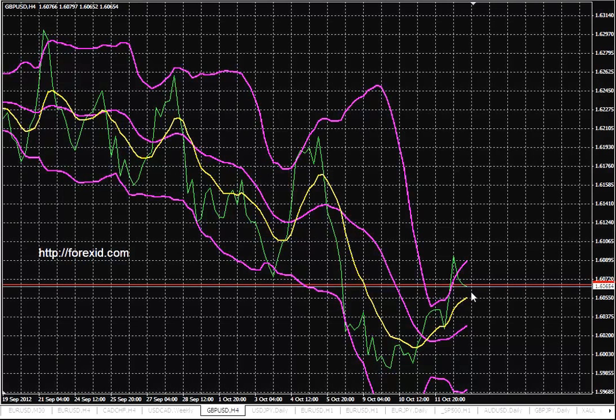There are many ways to fix the entry point. We can use the Fibonacci retracement levels. We can use the daily pivot levels. We can use the confluence levels.